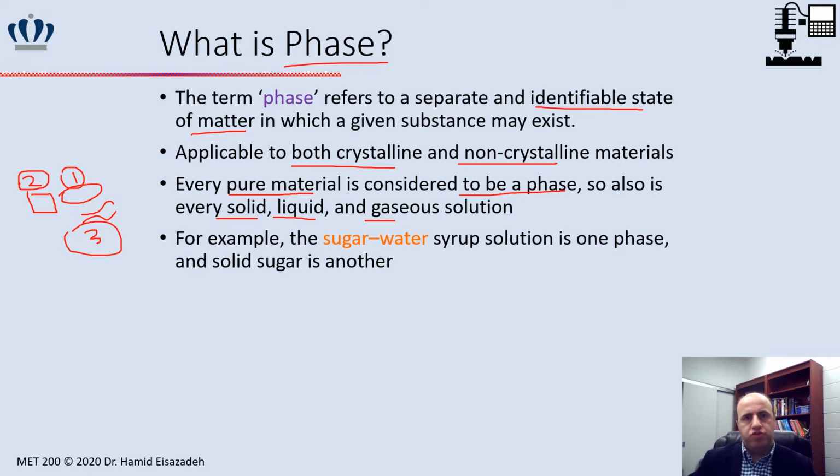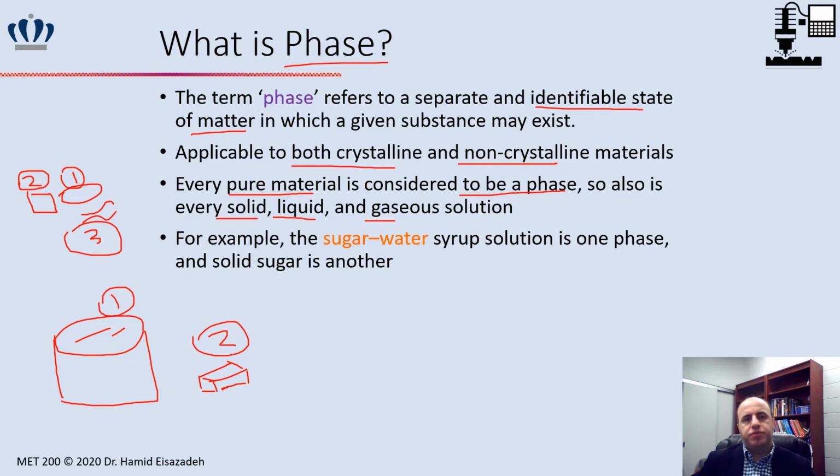Here is another example: sugar and water. We have a cup of water, right? The water is one phase, and then we have a sugar cube. It's in solid form and a different composition. It gives you the second phase. And then we have another cup of water that we want to add sugar into, so we're going to mix sugar with the water.